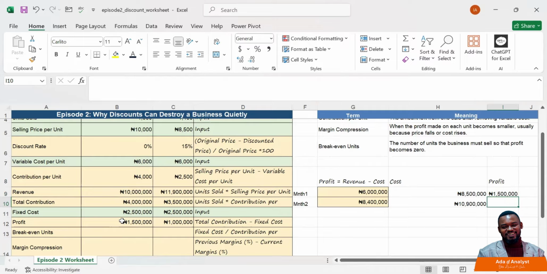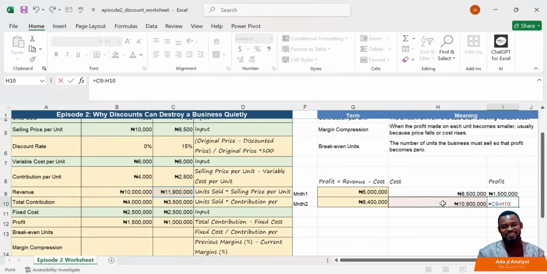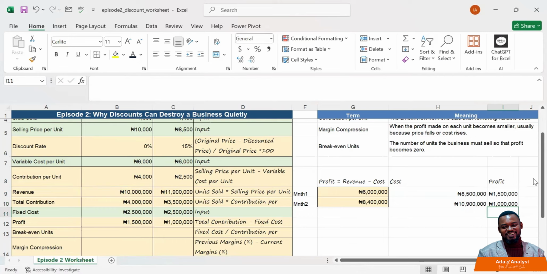You see? It is correct, exactly the same. So let us do that for month two. We say equals revenue for month two, 11.9 million, minus our cost for month two, 10.9 million. If we do that, we get exactly the same answer.